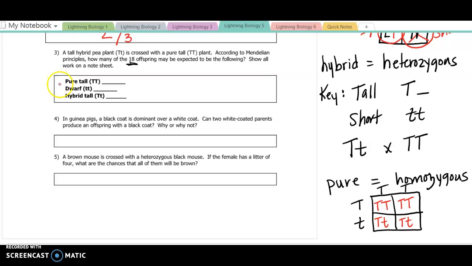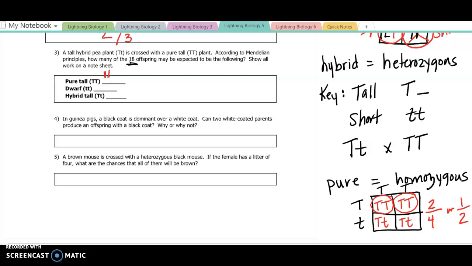So a pure tall has big T, big T. So I come down here and I say, okay, this one's pure tall, this one's pure tall. And that's 2 of my 4. So 2 of 4 or 1/2. And so 1/2 is going to be pure tall.